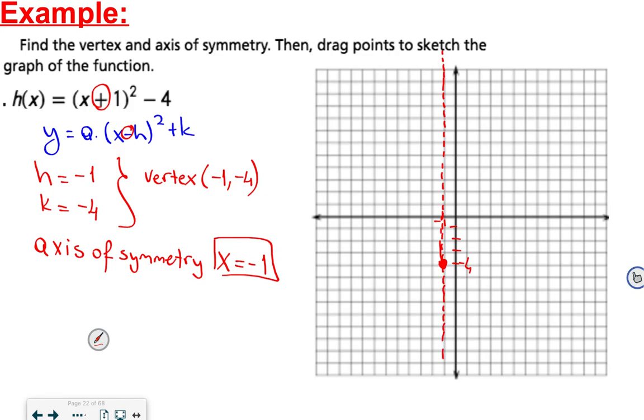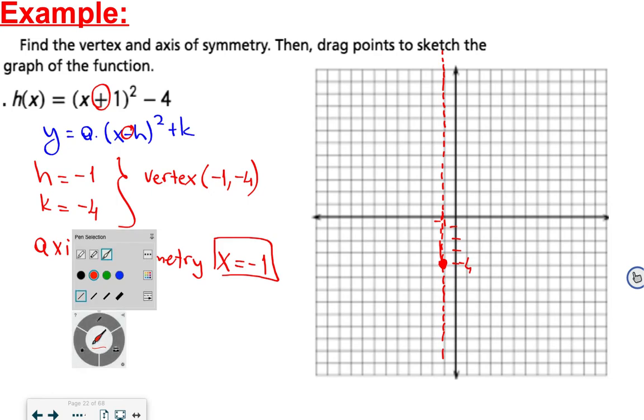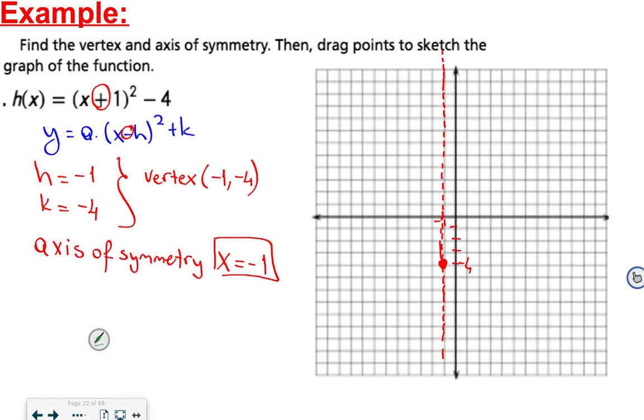Whatever points you have on the right side are going to be symmetrical across the axis of symmetry. After that, I am going to find one point located on the graph, and then I am going to finalize my graphing. So my suggestion, try to find the y-intercept as a point.